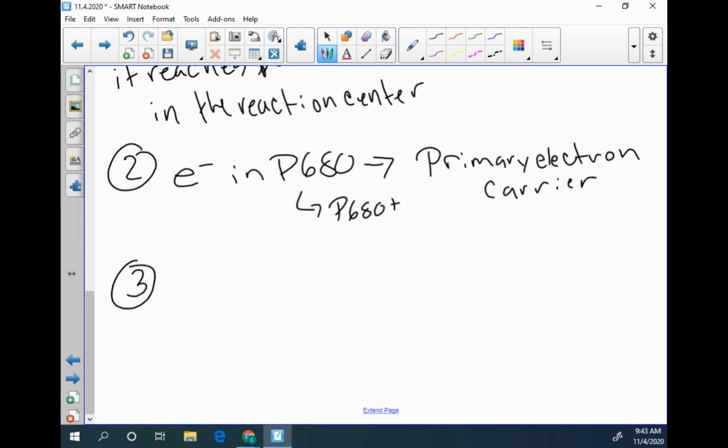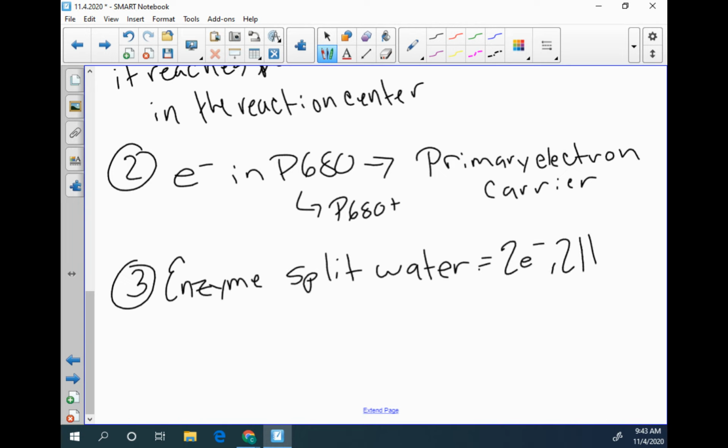In step 3, an enzyme is going to split water. And it will become 2 electrons, 2 hydrogens, and an oxygen. The electrons will go to P680.